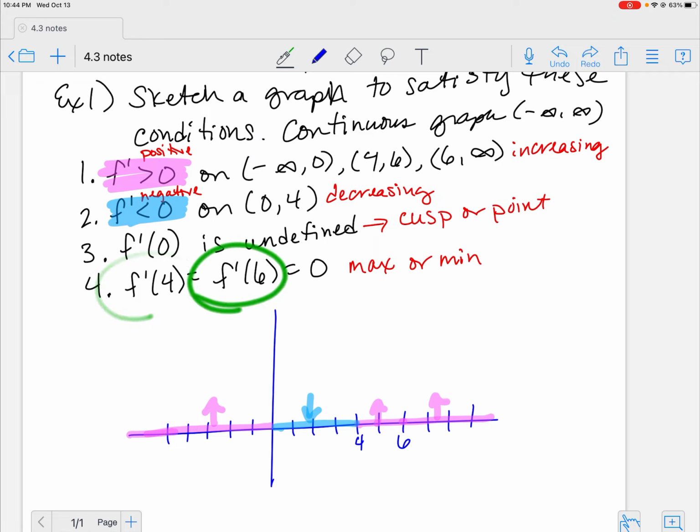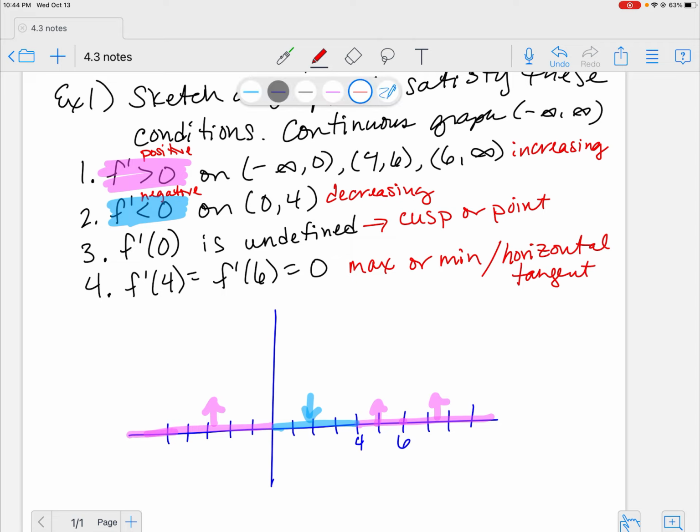I also know at 4 and at 6, I have a maximum or a minimum. So let's see what's happening. Horizontal tangent no matter what, right? Horizontal tangent. Okay, so let's draw something. I know that my graph is increasing, so I'm going up, and then at 0, I hit some kind of a cusp.